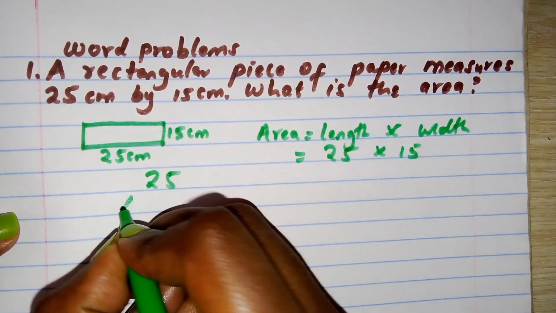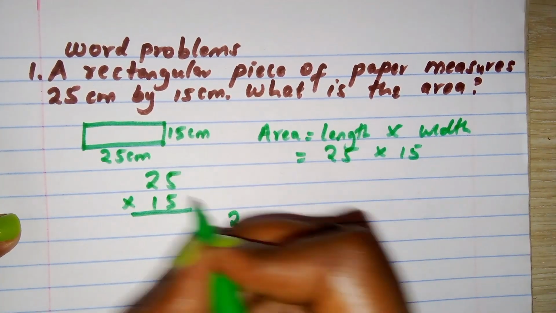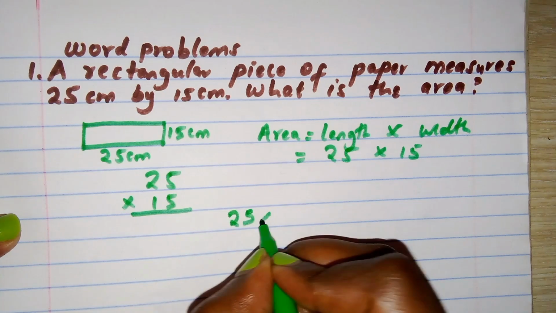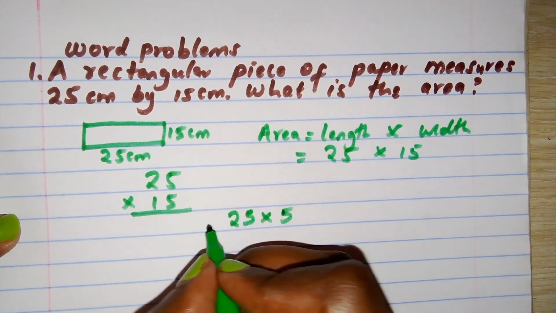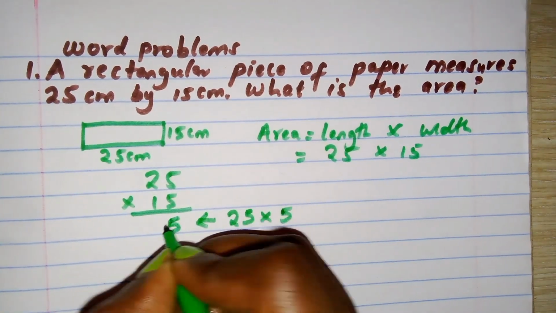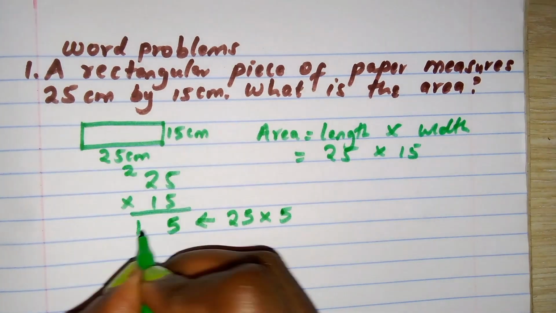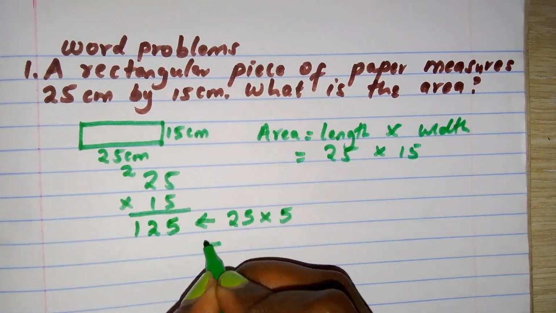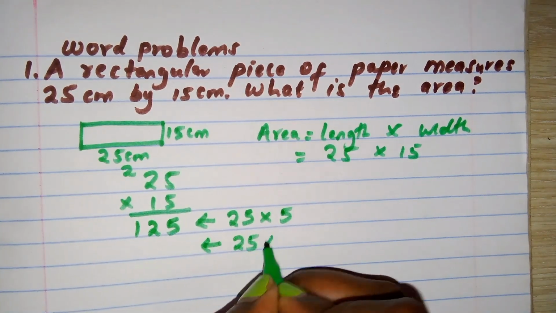So 25 times 15. So here we need to start with the number on top, 25 times the unit, so times 5. So 5 times 5 is 25, carry 2, and then 2 times 5 is 10 plus 2, 125. Then the next number would be the same number on top, 25 times.